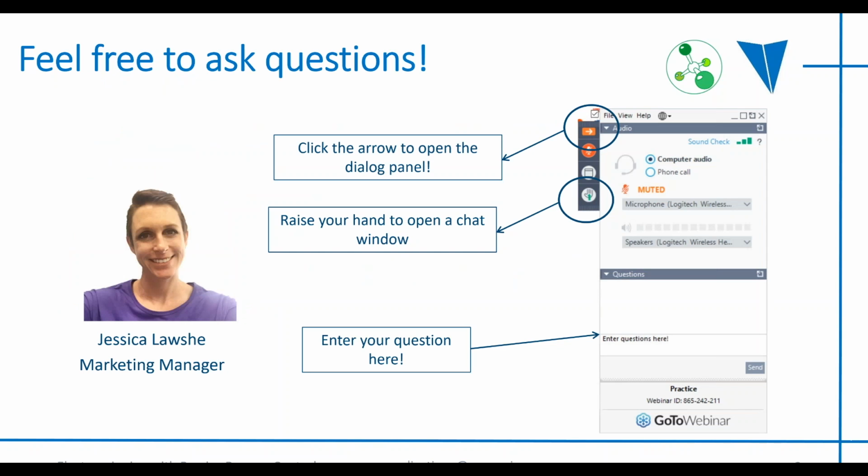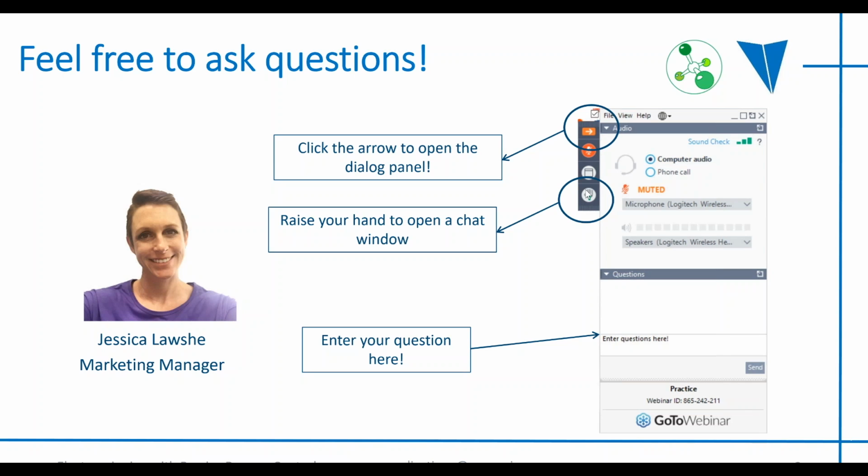So here I am, Jessica Lachey again, marketing manager here at NanoScience Instruments. In your GoToWebinar interface, you'll see an orange arrow here. This is how you open and close the dialog panel. If at any time during the webinar you have a question for us, there are two ways that you can ask. You can raise your hand in the chat window here, and this will open up the chat window so you can ask a question for the whole group to see.